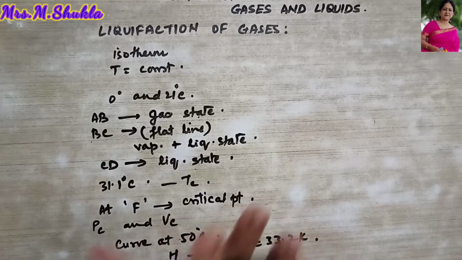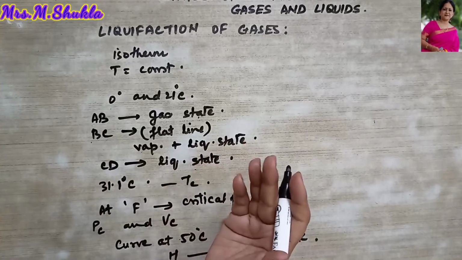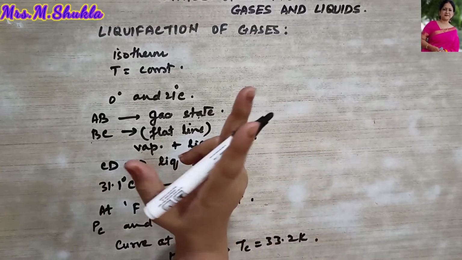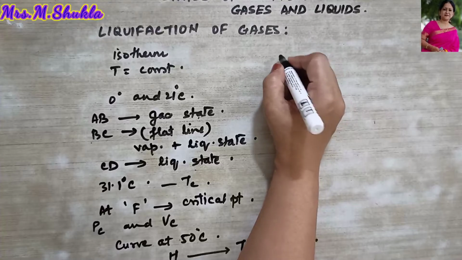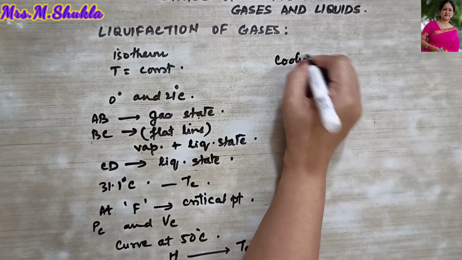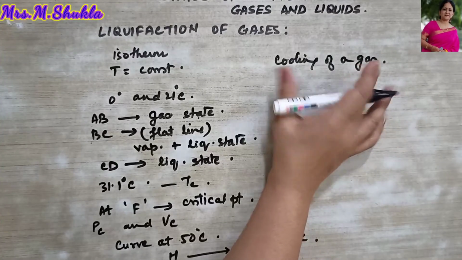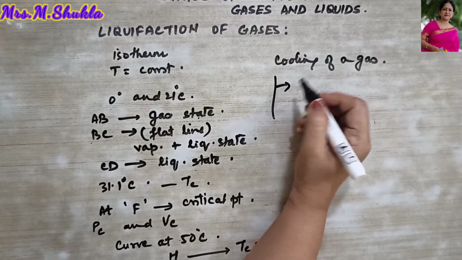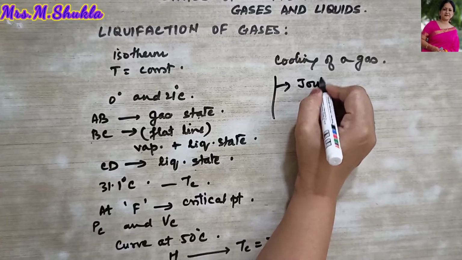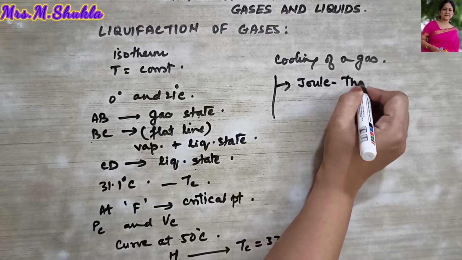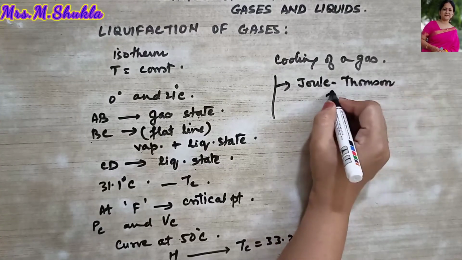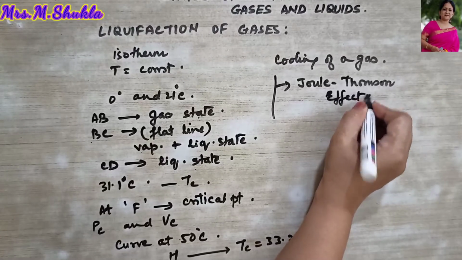Clear? Now, the cooling of the gas can be carried out by making use of two principles. What are those two principles? The first one is your Joule-Thomson effect, right?